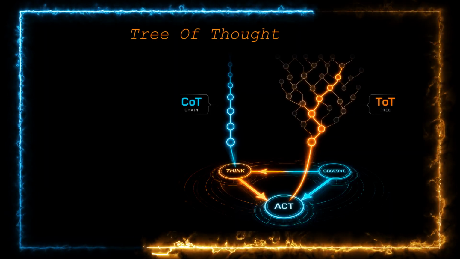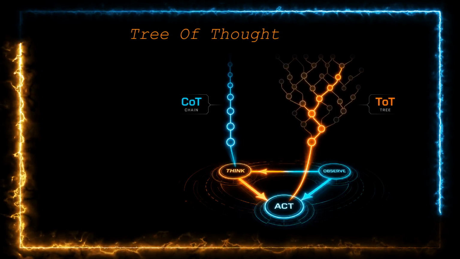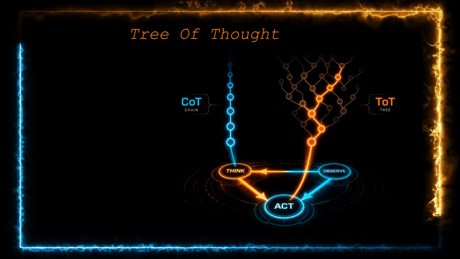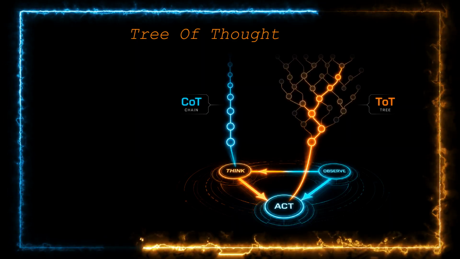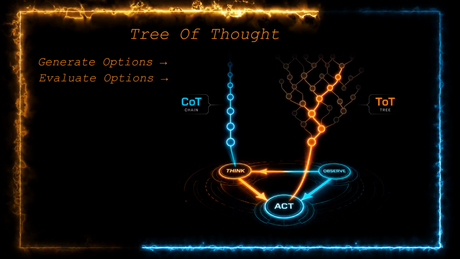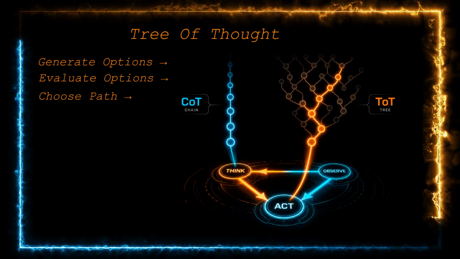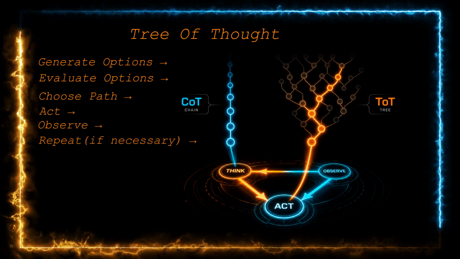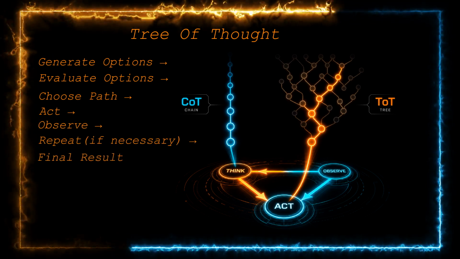Tree of thought plus ReAct is useful when one reasoning path is not enough. Instead of thinking in one straight line, the agent explores multiple possible paths. The loop is more like generate options, evaluate options, choose path, act, observe, repeat, if necessary, final result.